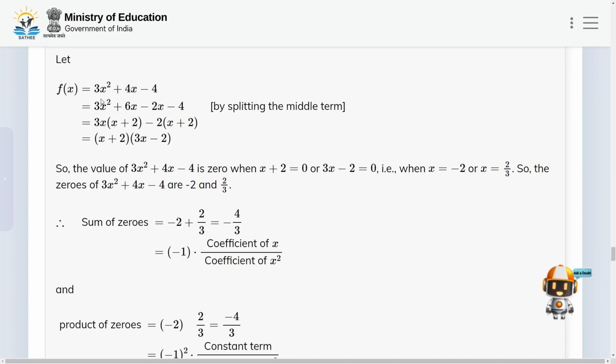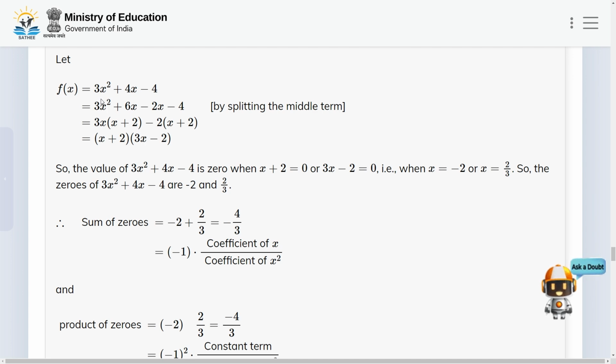So the value of 3x square plus 4x minus 4 is 0 when x plus 2 is equal to 0 or 3x minus 2 is equal to 0, that is, when x is equal to minus 2 or x is equal to 2 by 3. So the zeros of 3x square plus 4x minus 4 are minus 2 and 2 by 3.